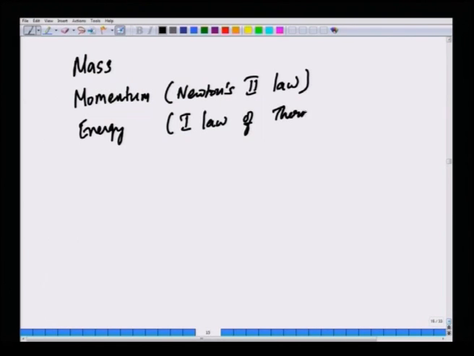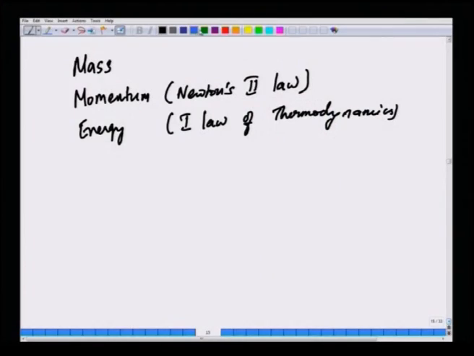I will give you enough background as we go along, but essentially we will apply the Reynolds transport theorem to these fundamental principles, and then those will be the starting points for us to solve problems in fluid mechanics.